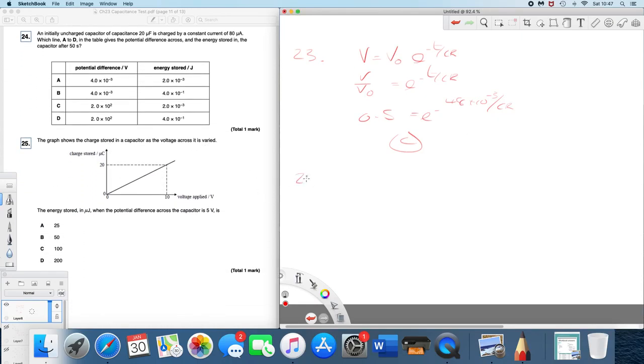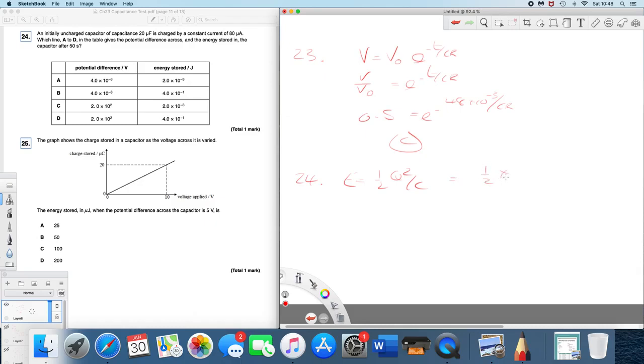24. An initially uncharged capacitor of capacitance 20 microfarads is charged by a constant current of 80 microamps. Which line A to D in the table gives the potential difference across and the energy stored in the capacitor after 50 seconds? E, of course, is a half Q squared over C. Stick in our numbers.